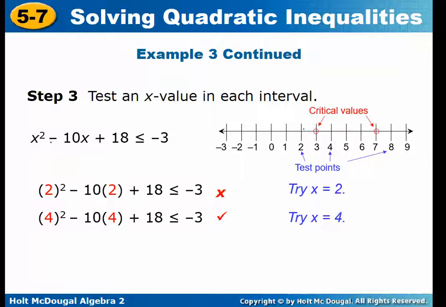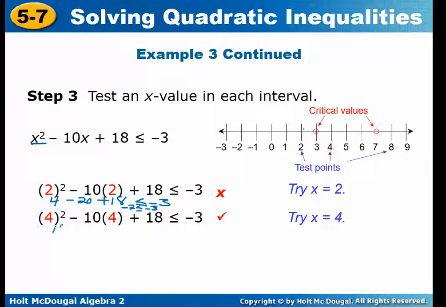So x equals 2. So that would be 2 squared is 4, minus 10 times 2 is 20, plus 18. Is that less than or equal to negative 3? 4 minus 20 is negative 16, plus 18 is negative 2. Negative 2 is actually greater than negative 3. It's not less than. So that did not work. Then they tried a point between 3 and 7, and they picked 4.